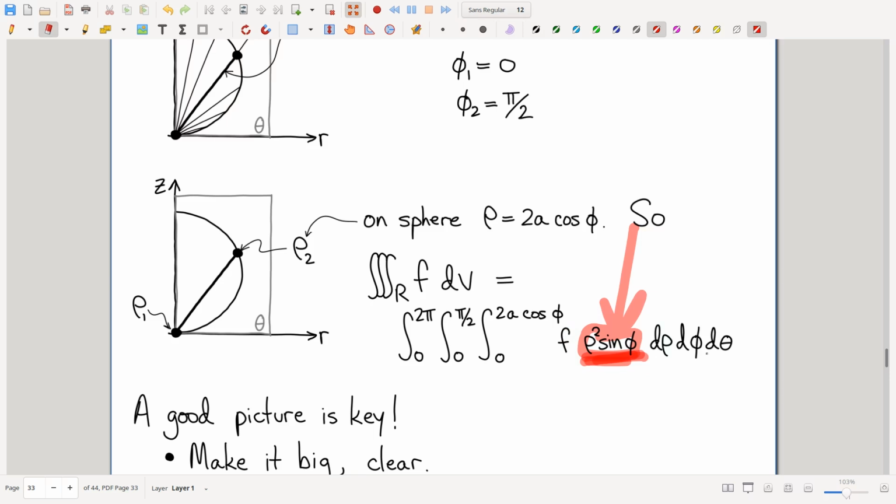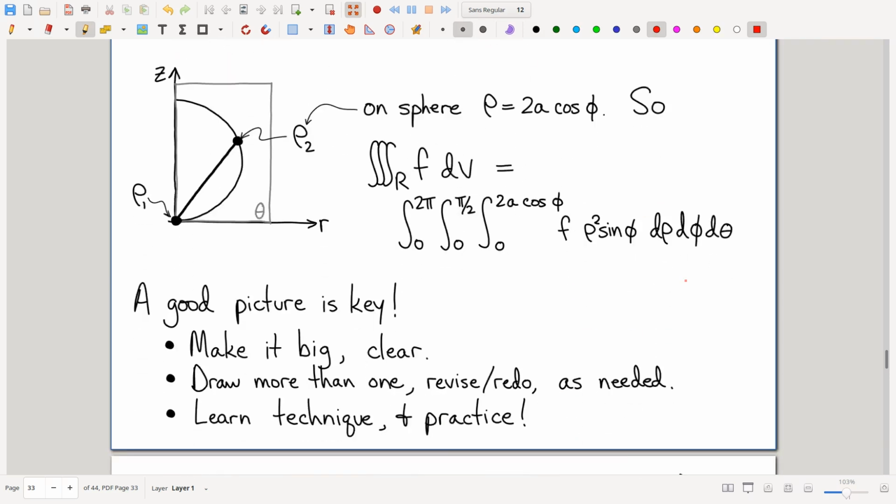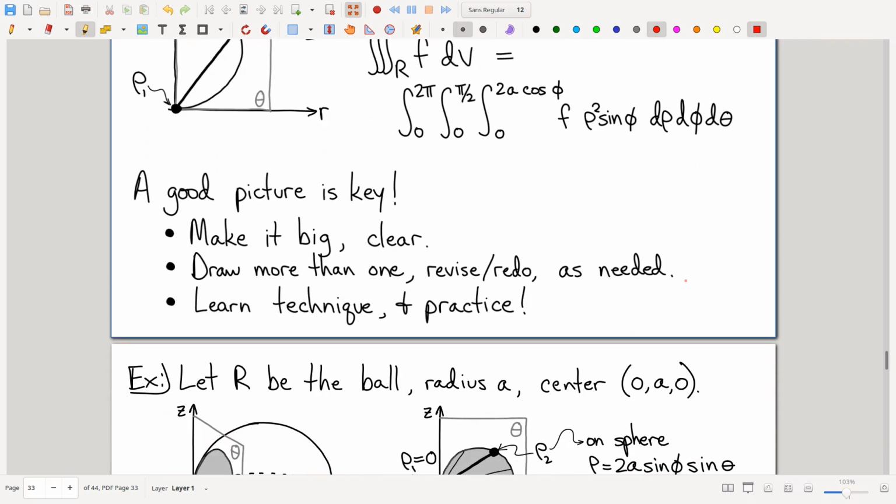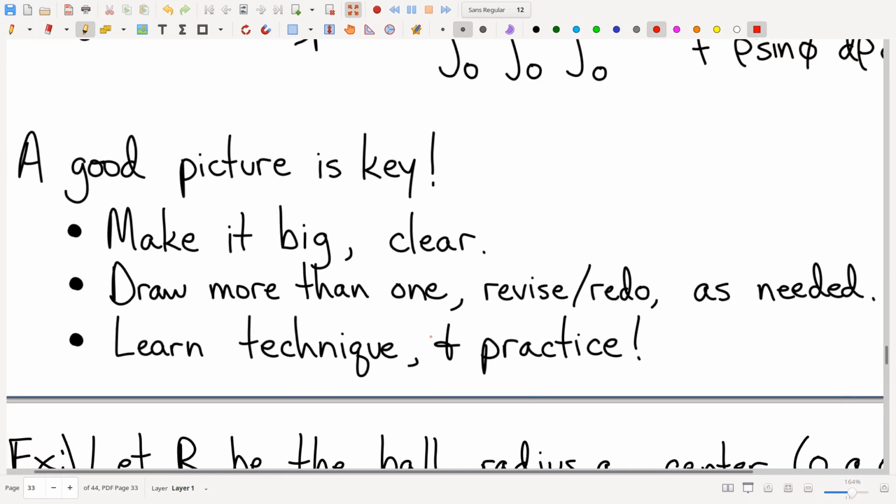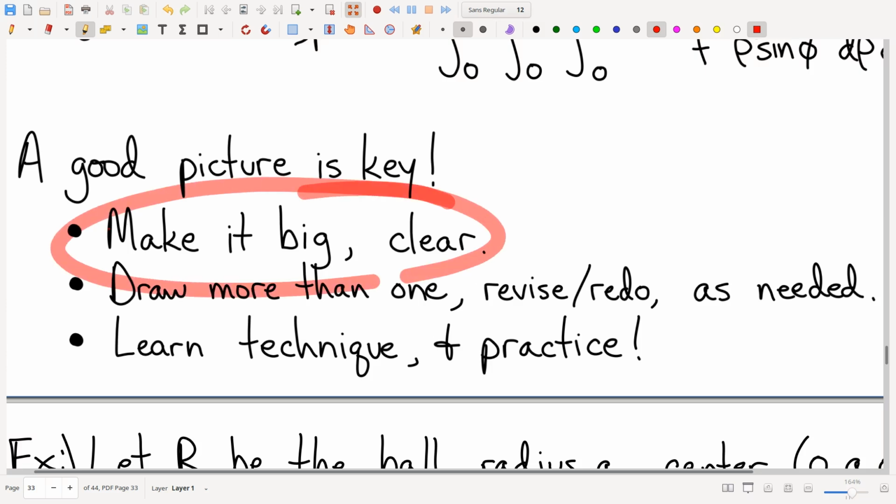Okay. All right. So now you will have noticed by now that the picture comes up a lot. It's just unavoidably critical, I'm going to say, when you're doing triple integrals in spherical coordinates. You've got to have a picture. It's very difficult to make reasonable conclusions from teeny tiny little postage stamp sized little pictures. Please don't draw the itty bitties, right?